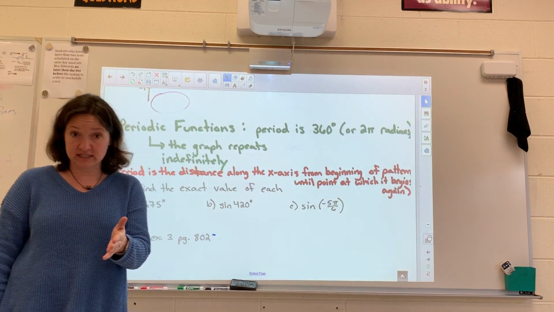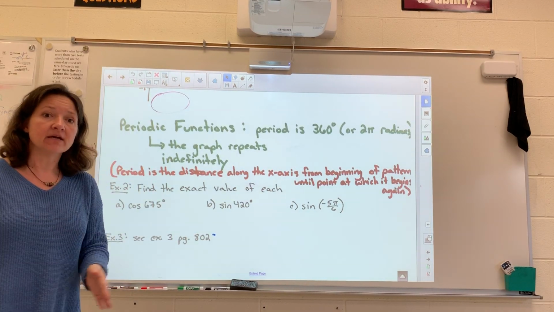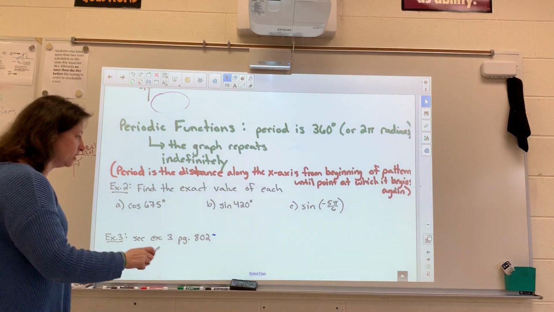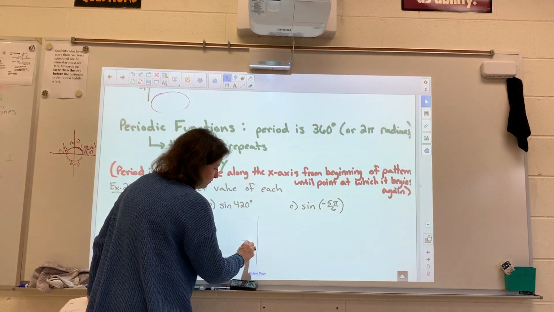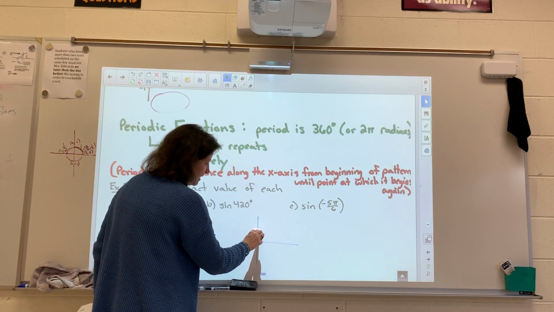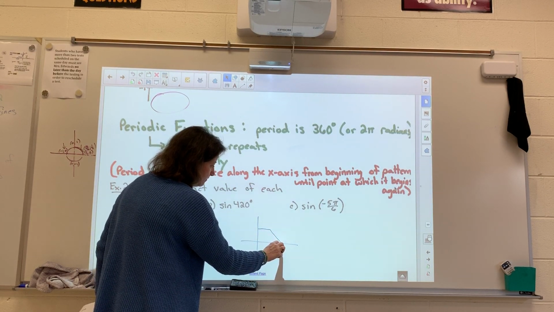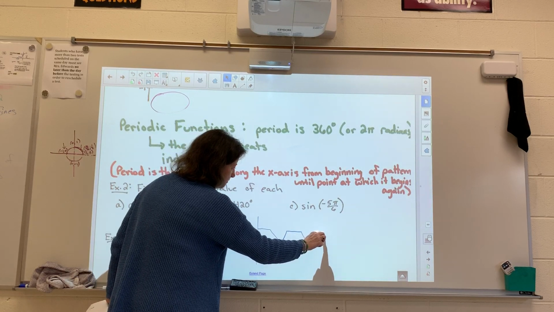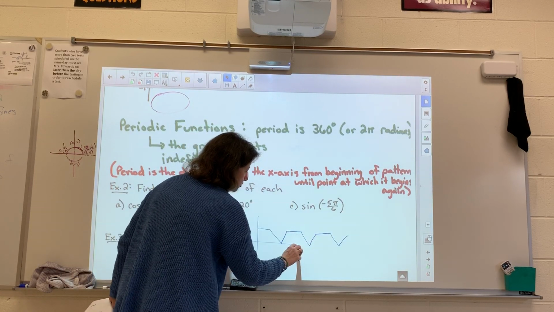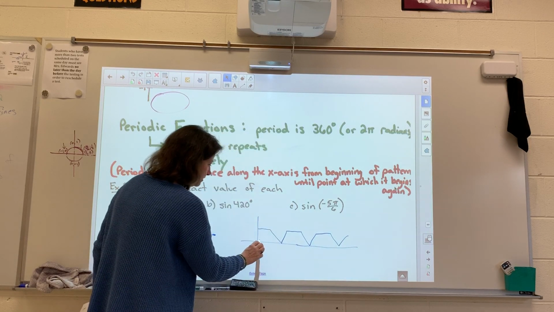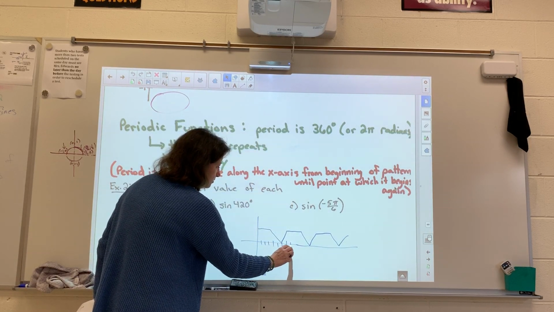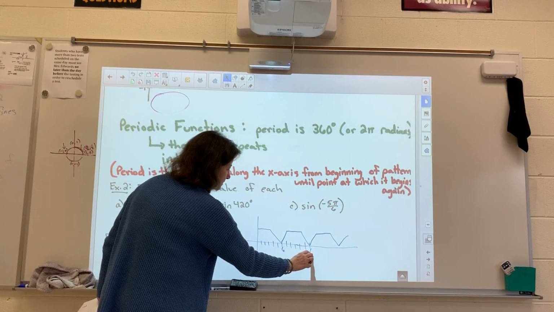You have some graphs tonight that aren't trig graphs that are repeating a pattern. You're going to measure out how far did I go before I repeat myself? So for example, maybe this is my graph. Okay, so I kept repeating that same pattern. 1, 2, 3, 4, 5, 6. 1, 2, 3, 4, 5, 6.